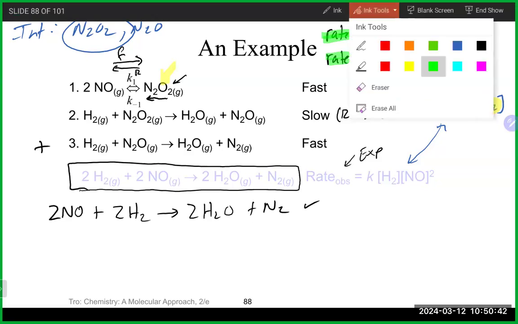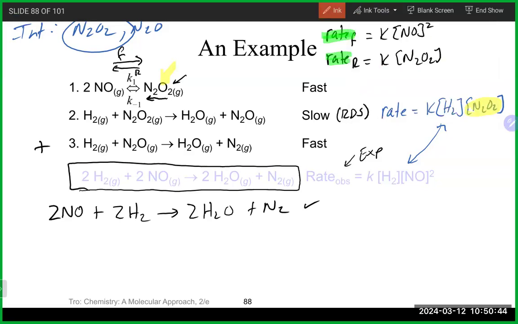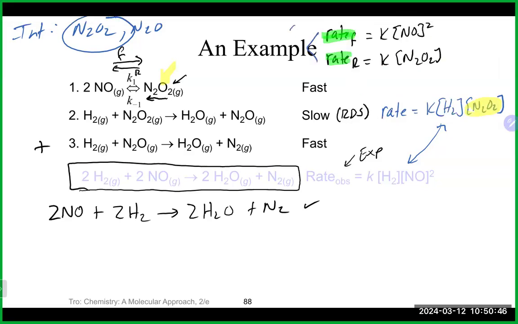What that allows us to do is set both of these equal to each other. And that would get us that k times NO squared is equal to k times N2O2.